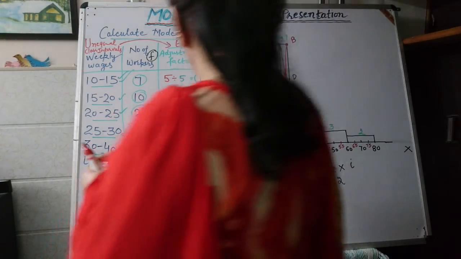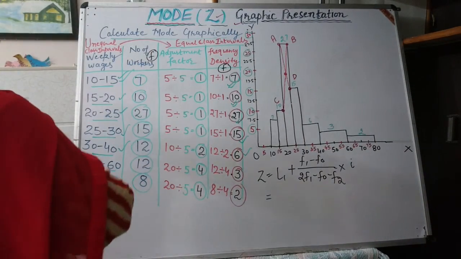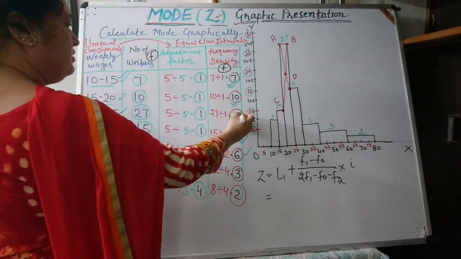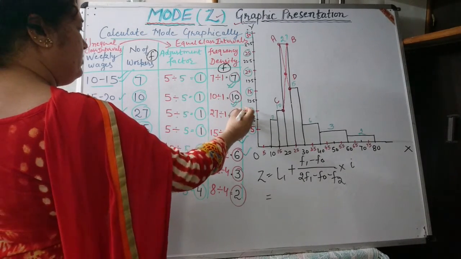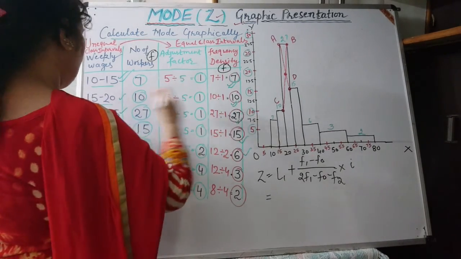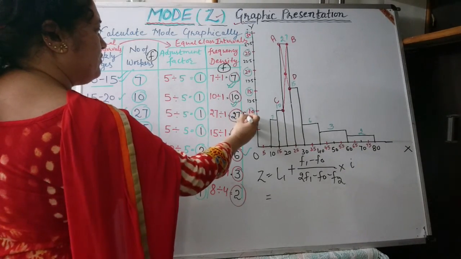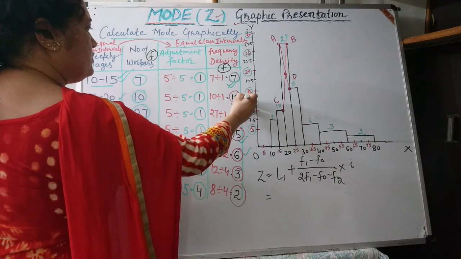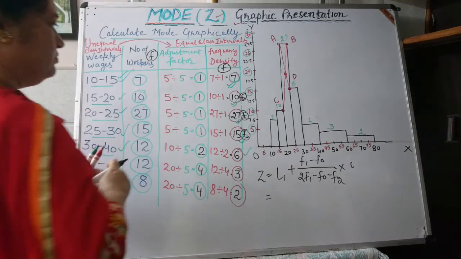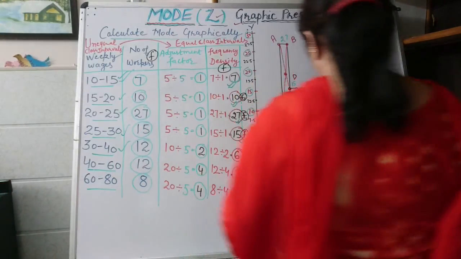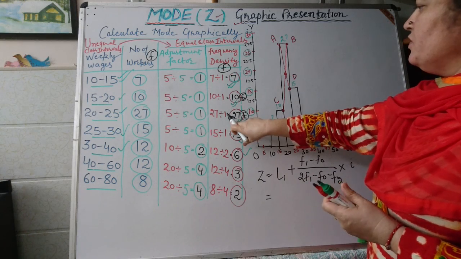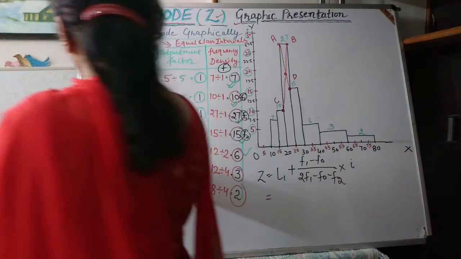Here 27 is F1, this is F0 and this is F2, and 27 is the highest frequency and the lower limit will be 20.